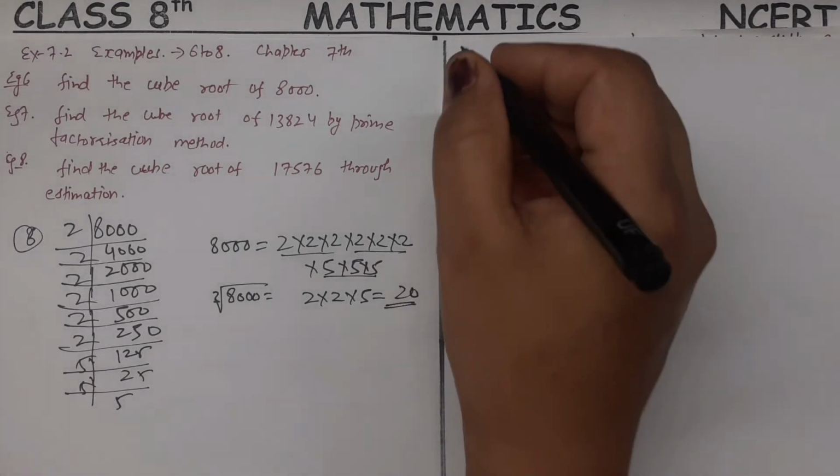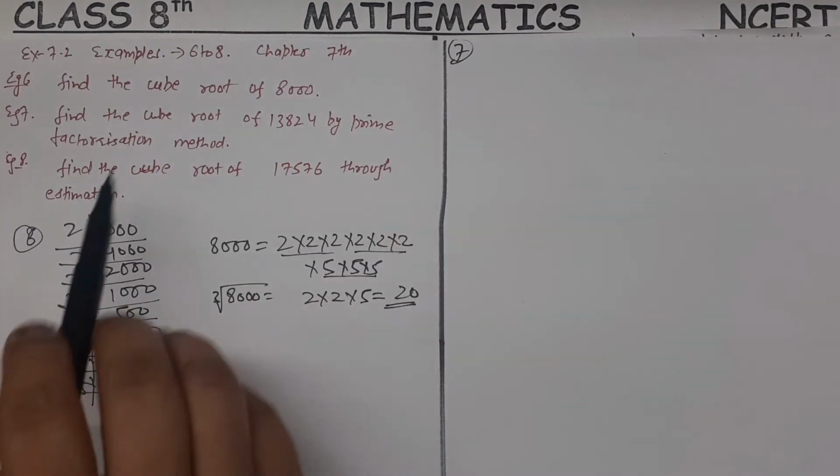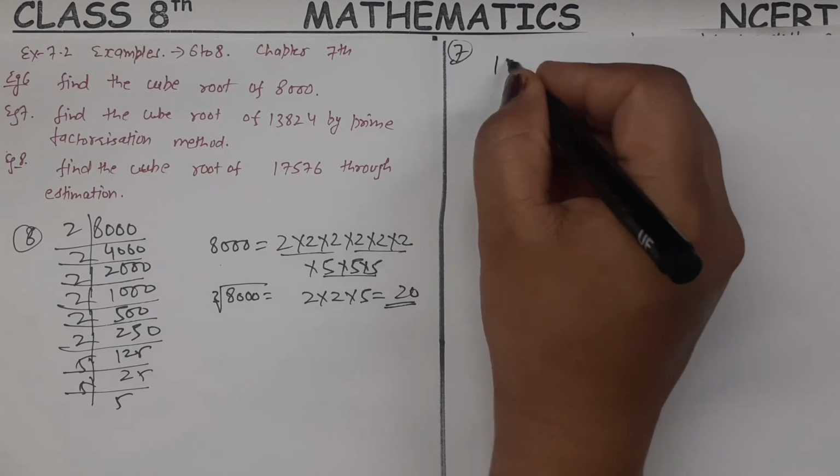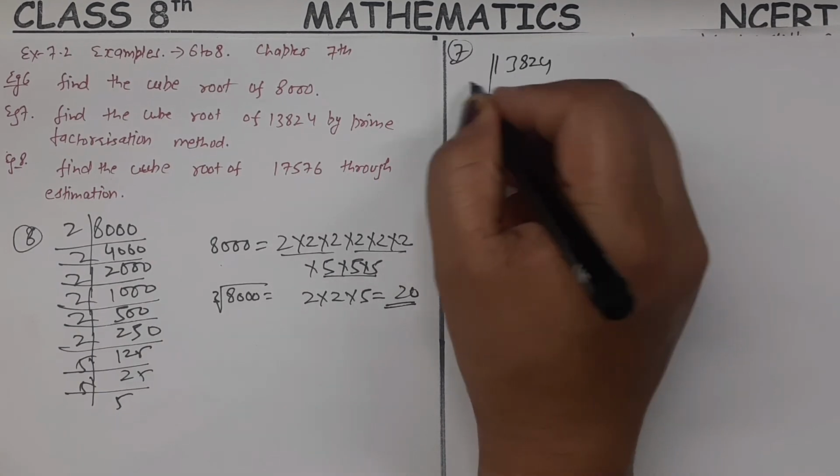Next, example number 7. Find the cube root by the prime factorization method.